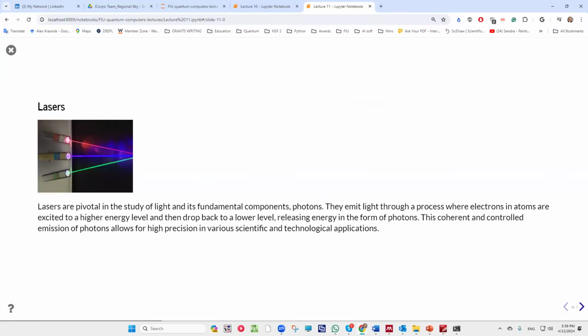All right, so let us talk about photonics for quantum computing. And here we start with the concept of a laser, right? Photonics deals with photons, the elementary particles of light. The first step is to be able to generate light particles, to generate photons.